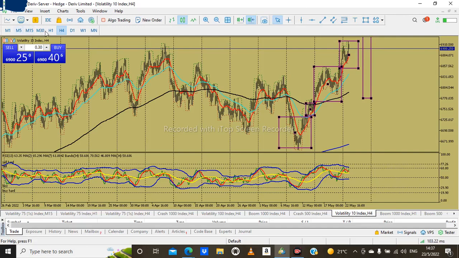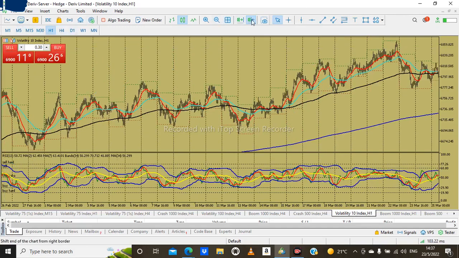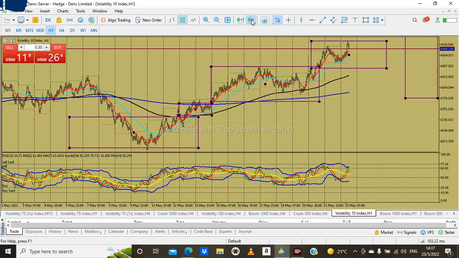Okay, 1, 2, 3. Alright, let's go on smaller time frames. Could we possibly be seeing a sell until this? 1, 2, 3. Okay, price is going to go up.